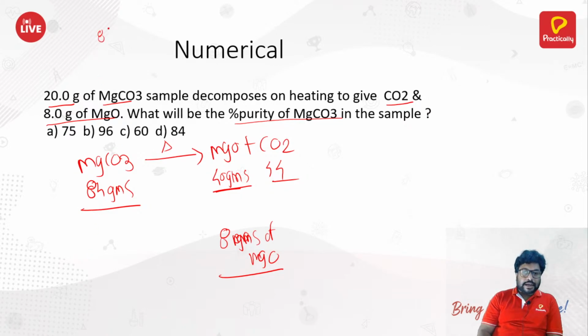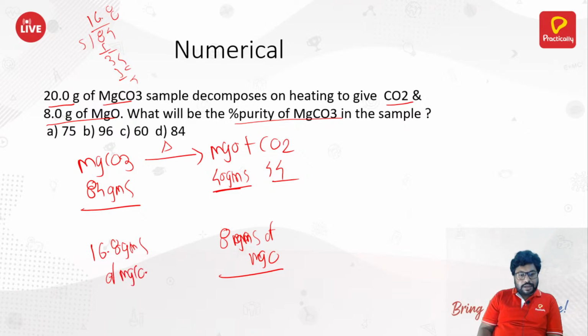5 times lesser than 84 would be how much? 16.8. So 16.8 grams of MgCO3 would give me 8 grams of MgO.